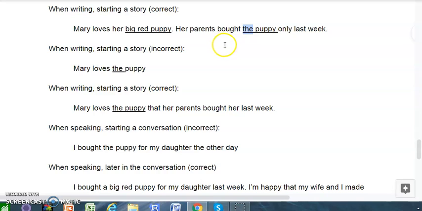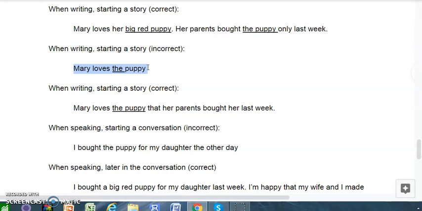Now, let's contrast that with the next example. You're starting a story. "Mary loves the puppy." So we don't actually understand who is being referred to when we say Mary loves the puppy. We can only assume that Mary had a puppy purchased for her, but we have no other context.